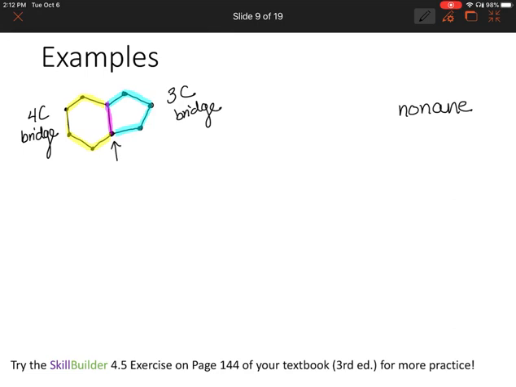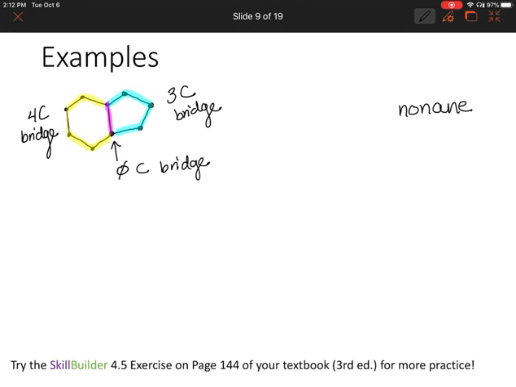And now in the middle, the purple bridge. This one's a little tricky. How many carbons are in the middle? 0. So remember, we don't count the carbons that are at the ends of the bridge. We count how many carbons are in the middle. So this would be a 0 carbon bridge, which is a little strange.